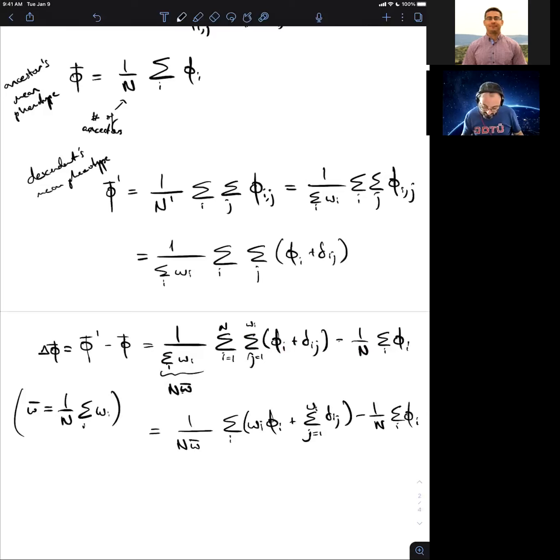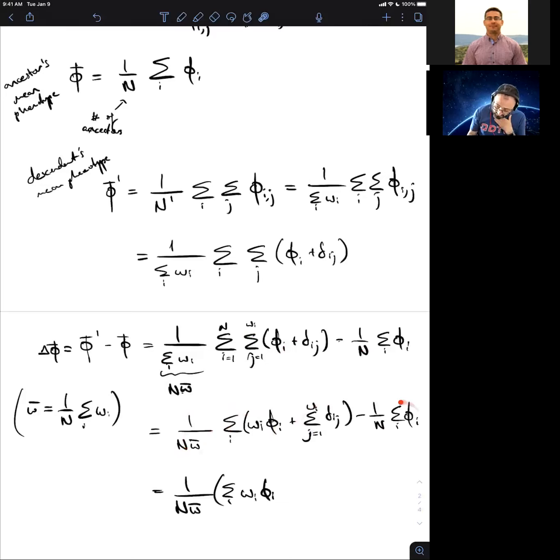Now we're getting somewhere. Let's say we factored out 1 over n times W bar, and then divided the sum into 2, the sum over i of Wi phi i and the other part. You can divide this sum because it's a summation operator, so you can distribute it and sum this separately from this. I take this part, with a 1 over n times W bar in front of it.